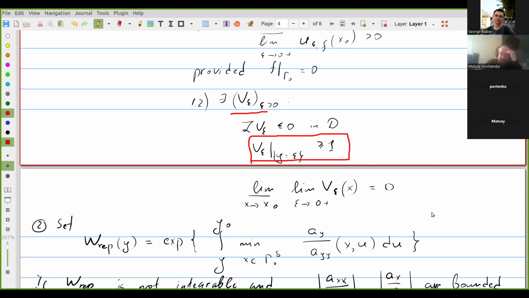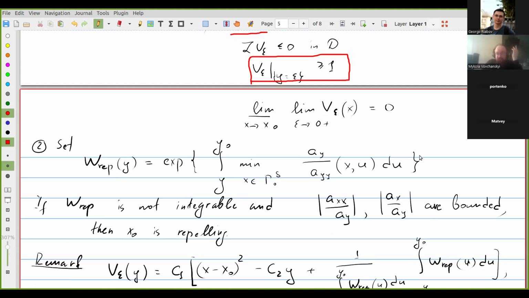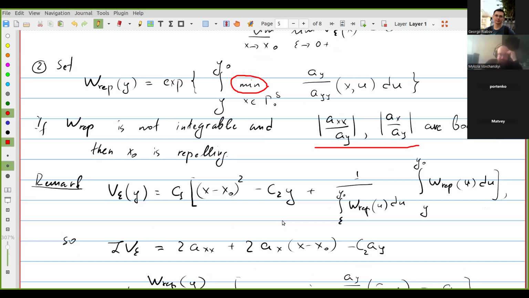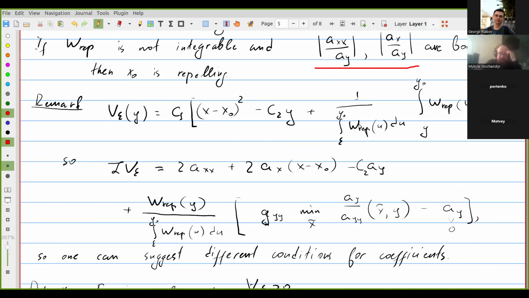The stability test that is used here is again the same function, but now it is the minimum, and it should be not integrable, and these two expressions should be bounded, at least in some neighborhood of gamma 0. The reason why these functions are bounded is that the barrier is constructed as follows.